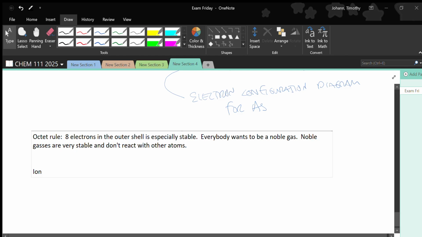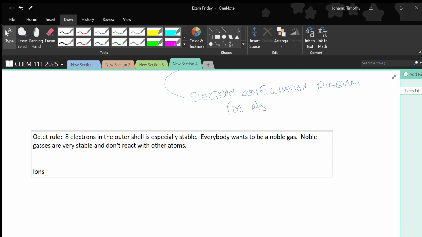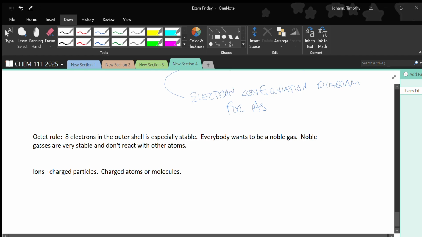Let's also talk about ions. This octet rule is going to be related to how we think about ions. They are charged particles in general. In our case right here, we're really going to be talking about charged atoms and molecules. Certain atoms will take on certain charges based on the row and the column in the periodic table they're in.